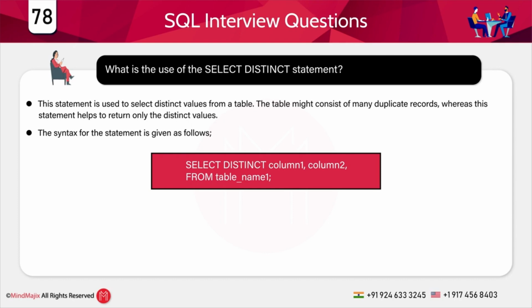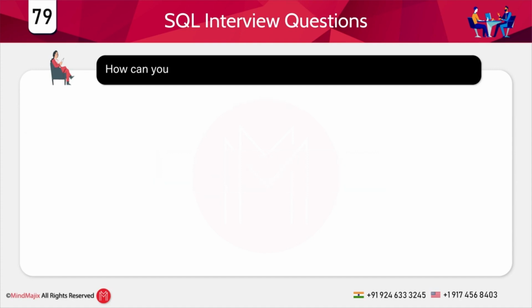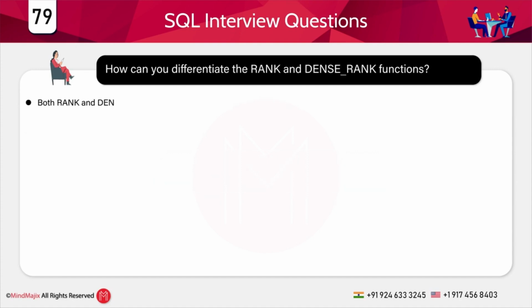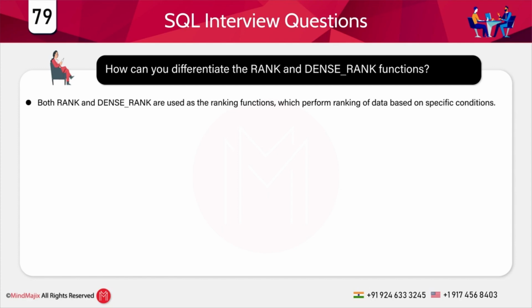The next question is, how can you differentiate between the rank and dense rank functions? Both rank and dense rank are used as ranking functions, which perform the ranking of the data based on specific conditions. When the rank statement is executed, it returns the ranking of values of a table based on specific conditions.